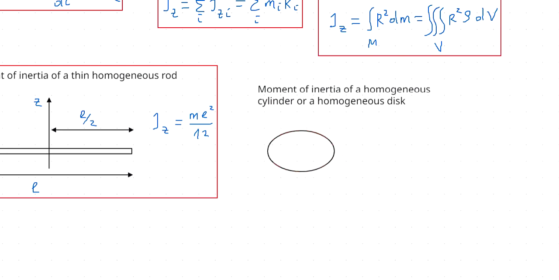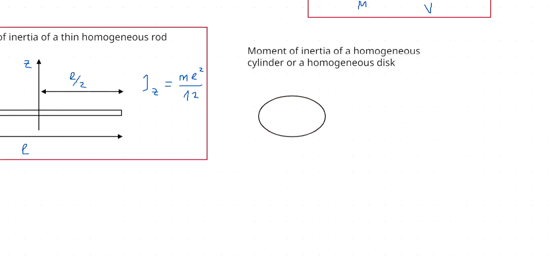This is a cylinder, and here we have this, and the axis of rotation.